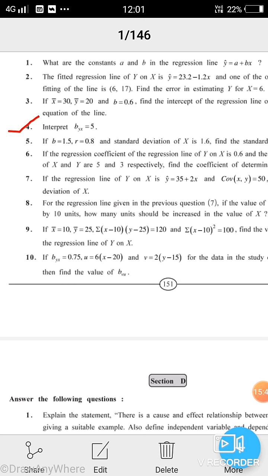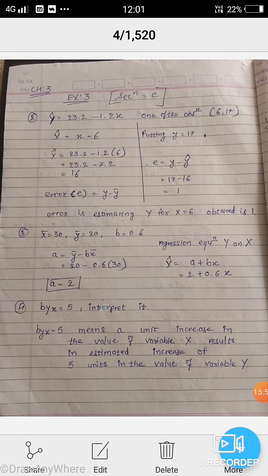Question number 4. Interpret byx is equal to 5. Now if byx is equal to 5 comes, then what does it mean? See the answer. Byx is equal to 5 means a unit increase in the value of variable x results in an estimated increase of 5 units in the value of variable y. Byx means y on x.